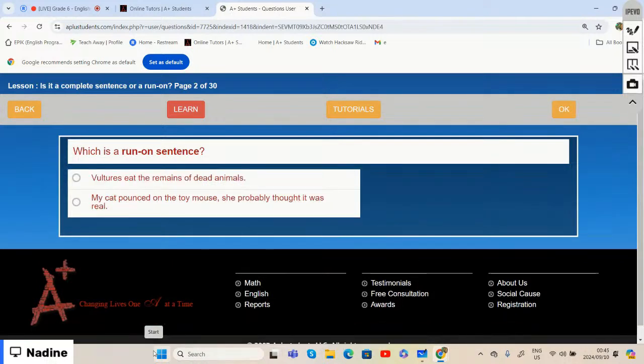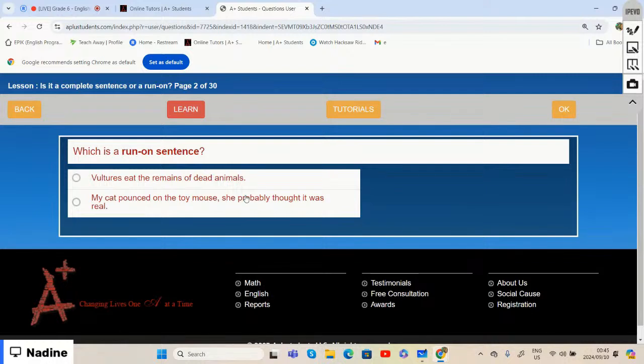All right, let's do the last one. It says, vultures eat the remains of dead animals. We need to say which is a run-on sentence. Or my cat pounced on the toy mouse. She probably thought it was a real meal.